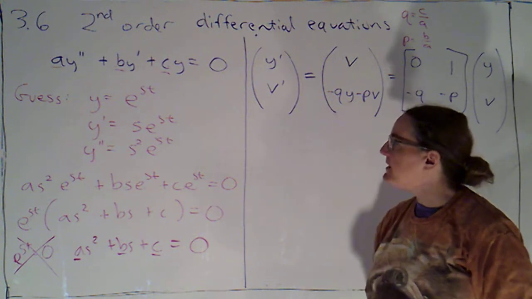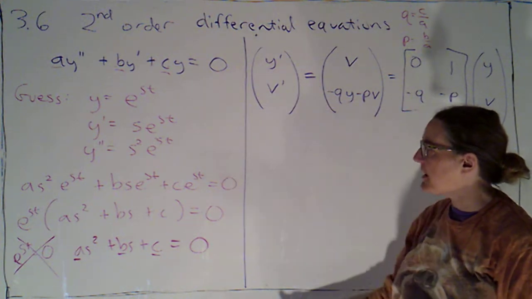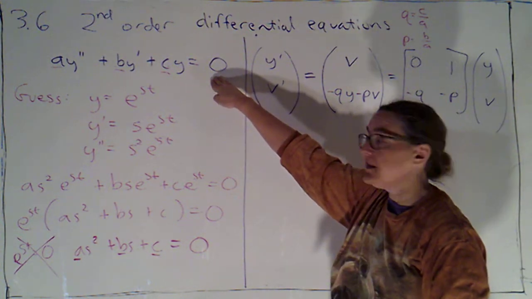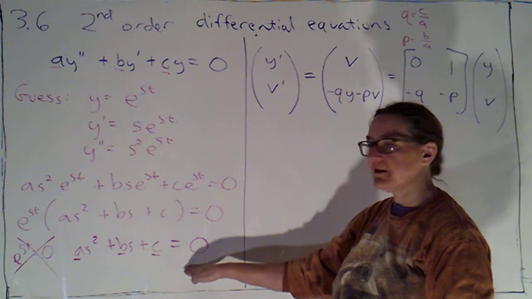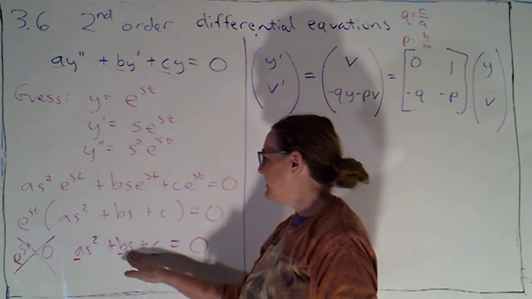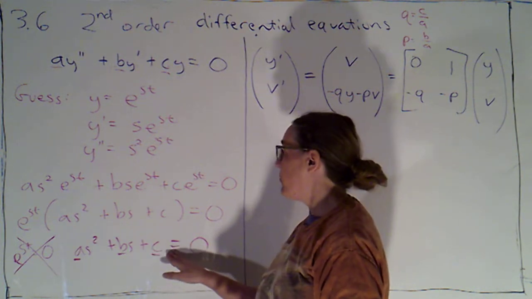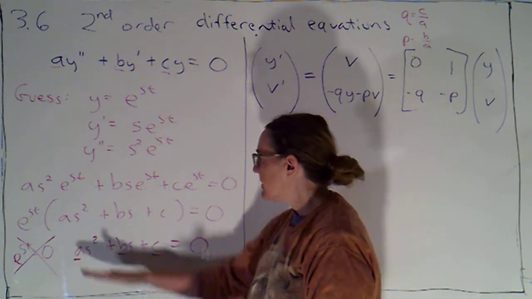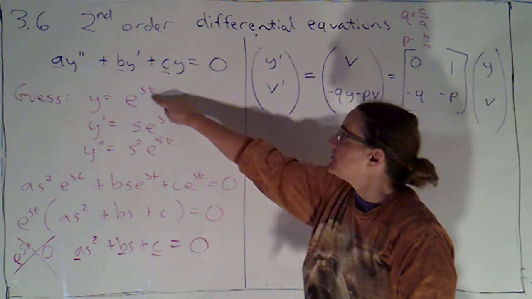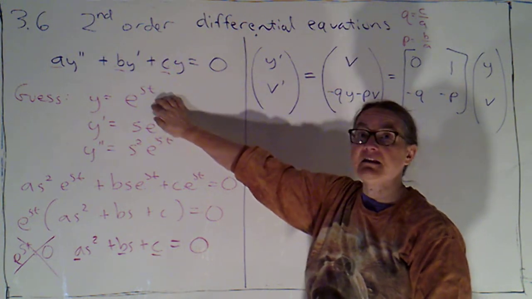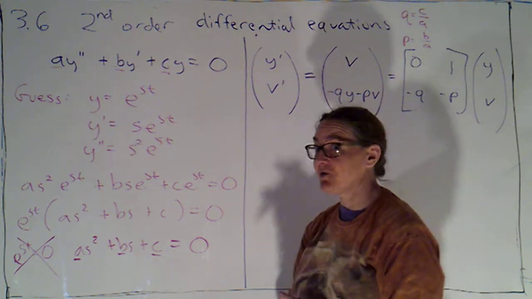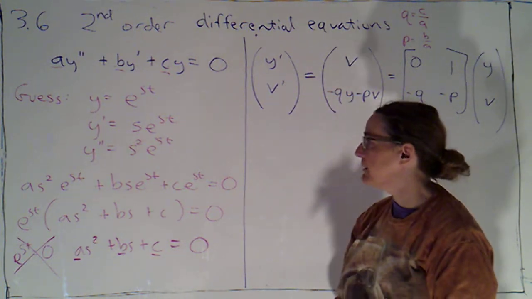So from this point on, because we've done it in the generic case, I know if I have a second-order differential equation like this, I can go straight to this quadratic equation, where I simply replace the second derivative with s squared, the first derivative with s, and the y with just the constant 1. If I can solve that and find the roots, e to those roots times t will be a solution to this second-order differential equation. Pretty cool. So that's a nice shortcut that we're allowed to take going forward.